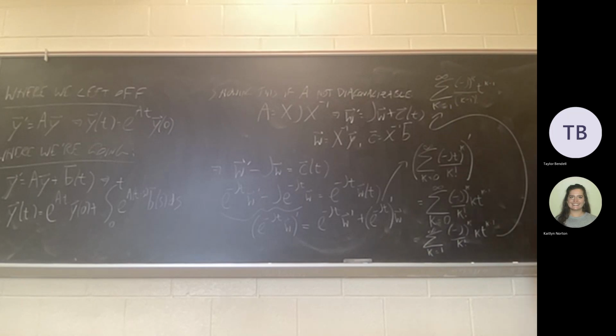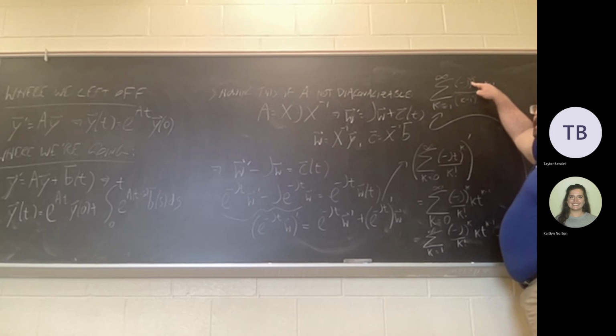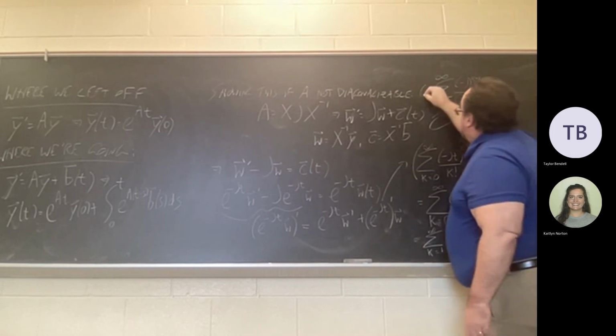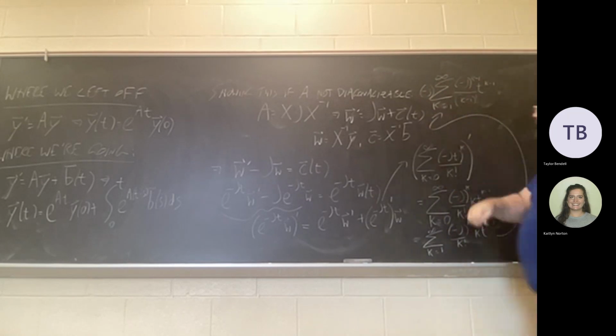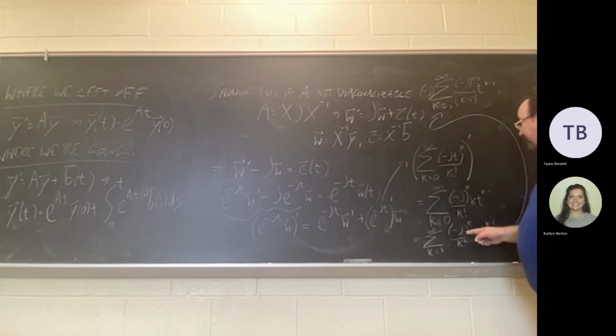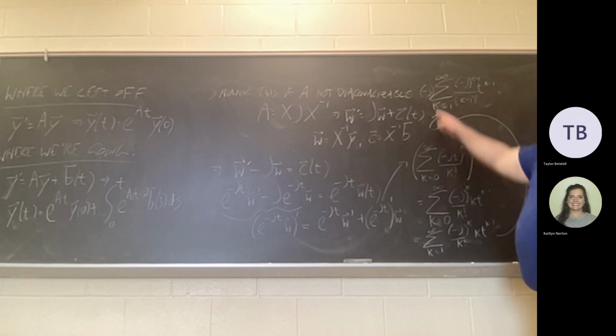But then what I can do is replace this k with k minus 1 as long as I pull a minus j out. I have minus j to the k; I can reduce that to k minus 1 as long as I take a minus j and pull it outside.